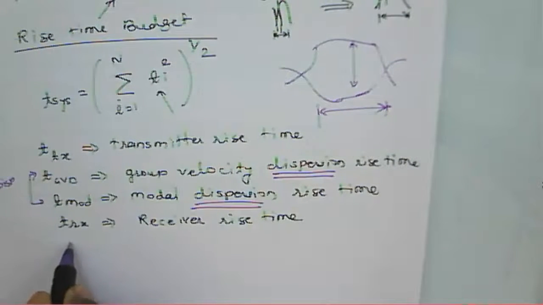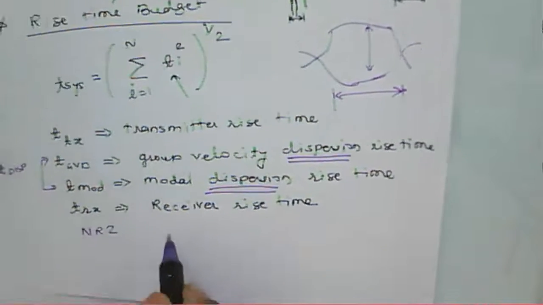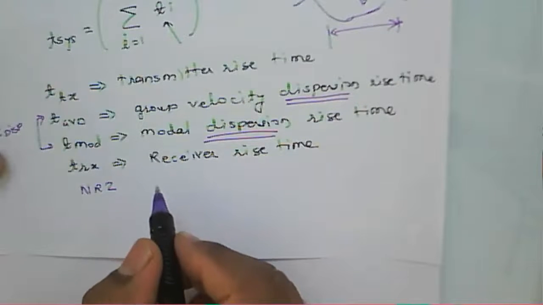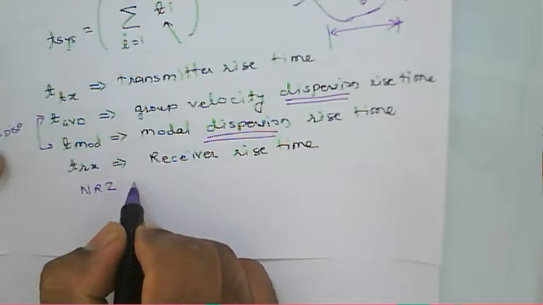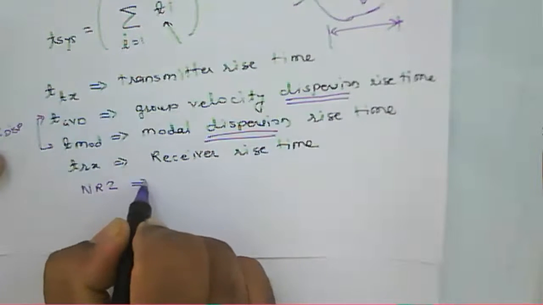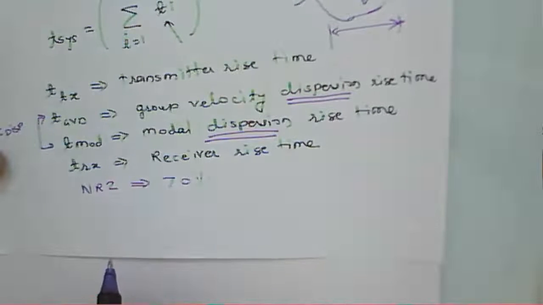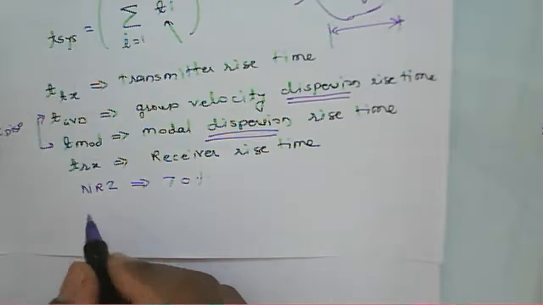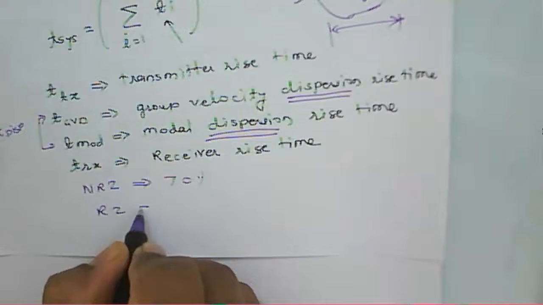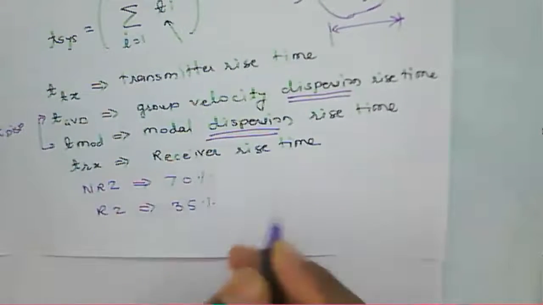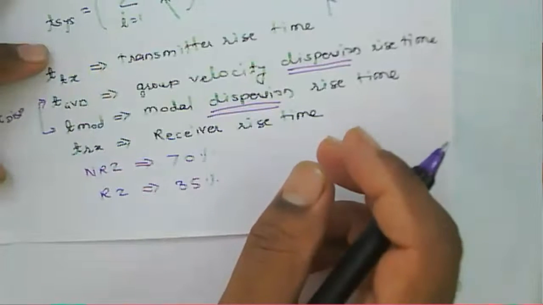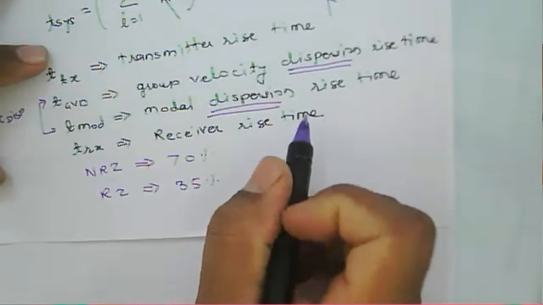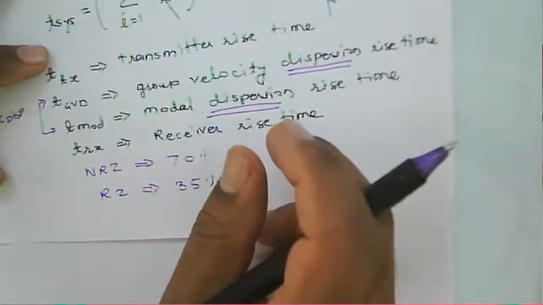If we use a non-return to zero format, then the transition time degradation should not exceed 70% of the non-return to zero bit period. And in the case of return to zero, it will be 35% of the bit period for the return to zero.